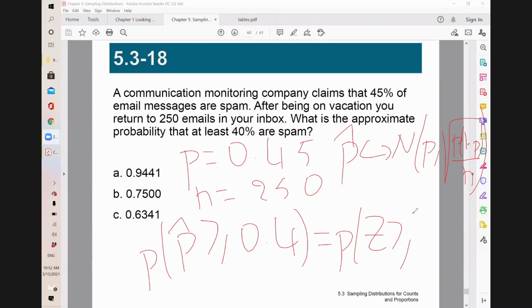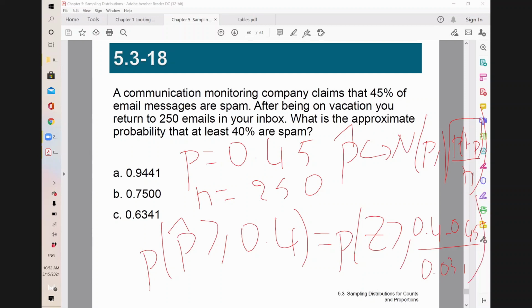Then Z is equal to the value 0.4 minus the mean 0.45, divided by sigma. What about sigma? Sigma is equal to 0.031. Okay, thank you.